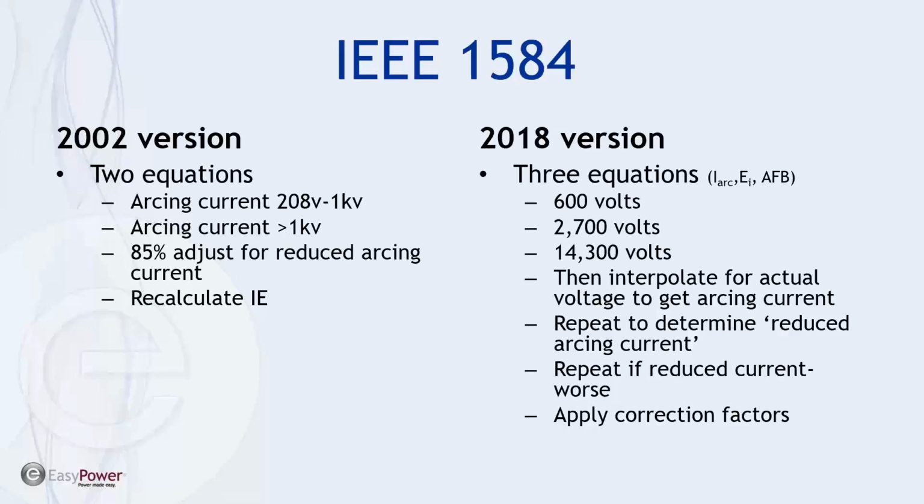And then the process of calculating and reinterpolating using reduced arcing current is done. And then at that point, the correction factors are applied. I guess the whole point of this slide is just to illustrate how complicated the 2018 version is. And again, it's not all that useful to compare the results from the two, when really what we need to understand is how to better manipulate or better utilize the 2018 standard.